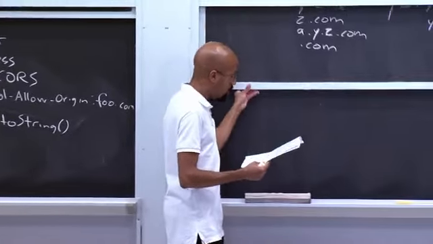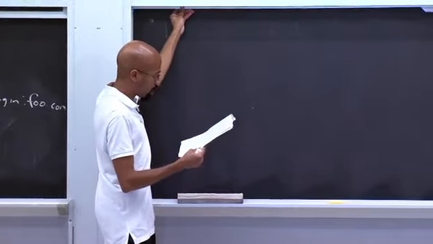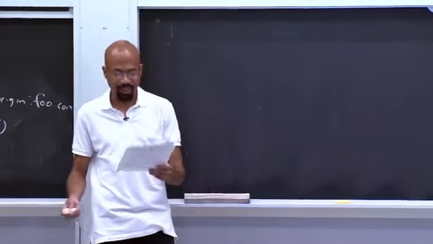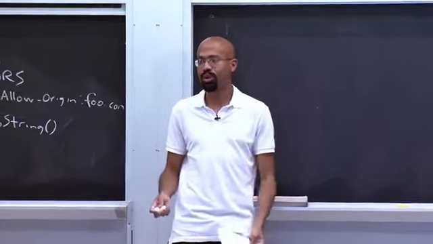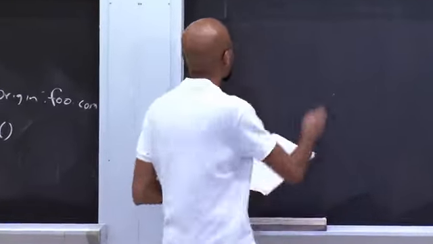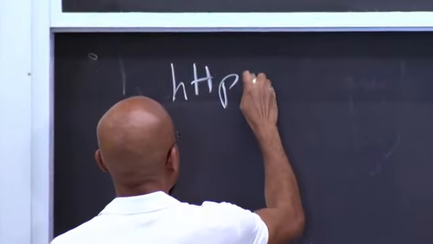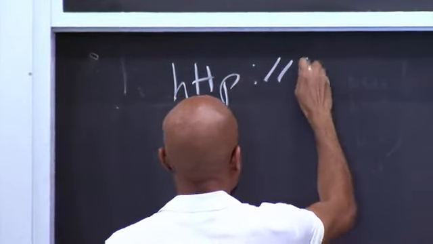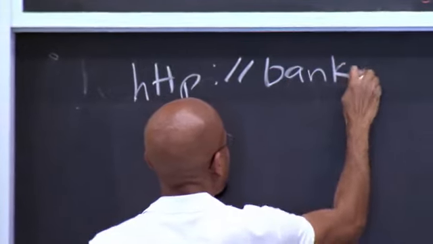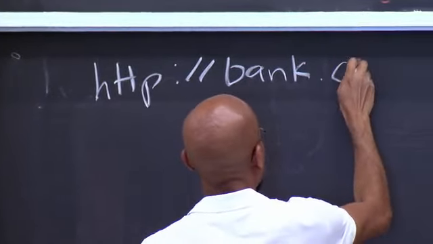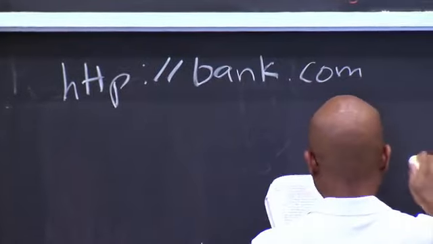Okay, so remember that when the browser generates an HTTP request, it automatically includes the relevant cookies in that request. So what happens if a malicious site generates a URL that looks like this? For example, it creates a new child frame and sets that URL to bank.com.